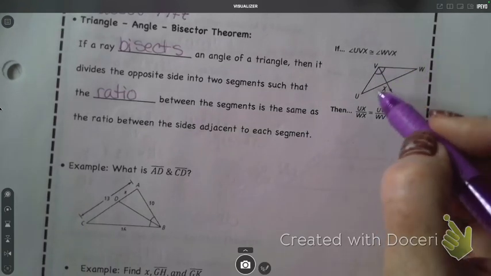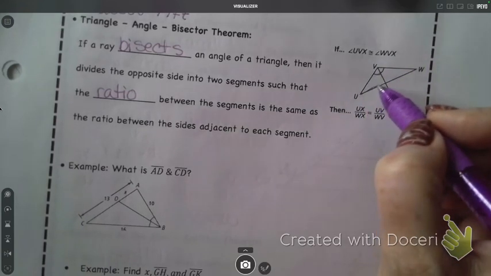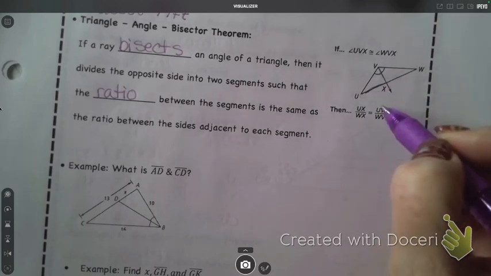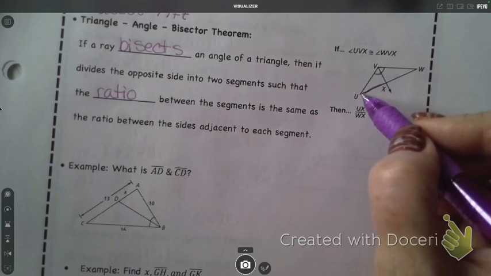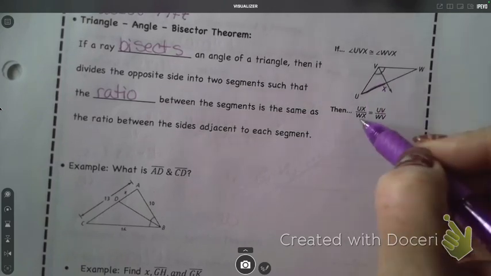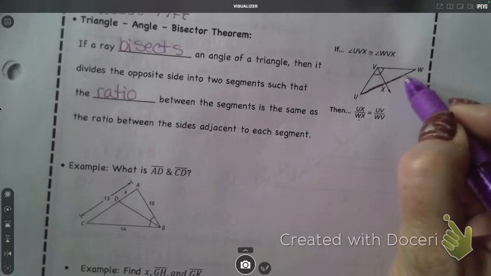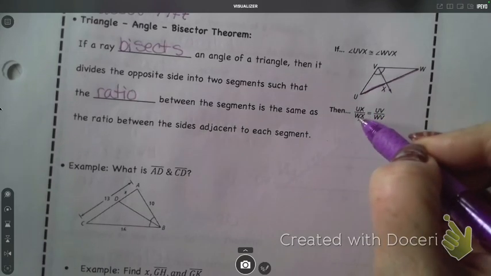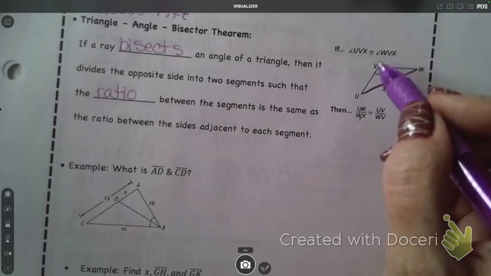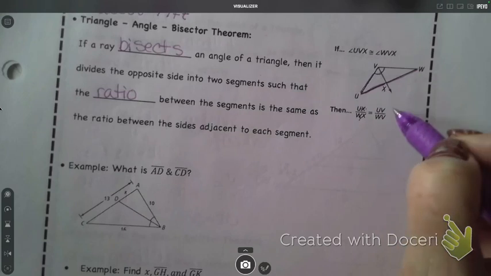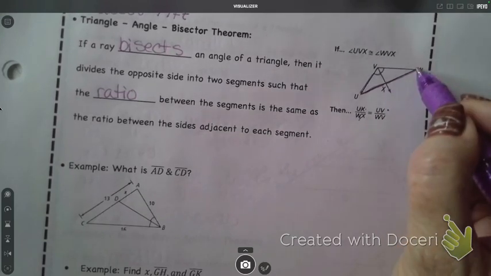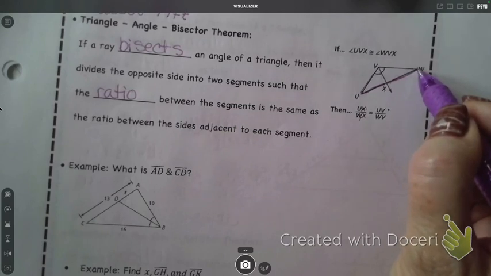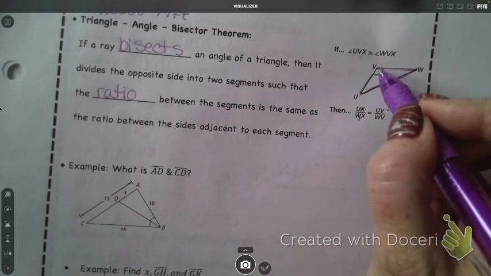Okay, so it says that UX, right here, and UV, well, they put it up and down. So they have UX and WX right here. And UX corresponds to UV. And WX corresponds to WV.